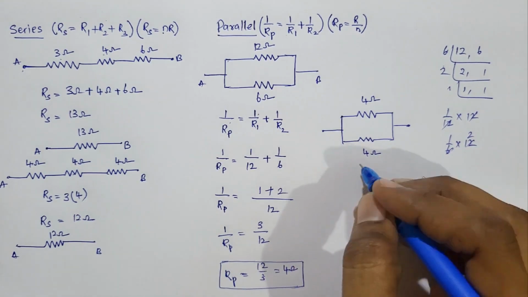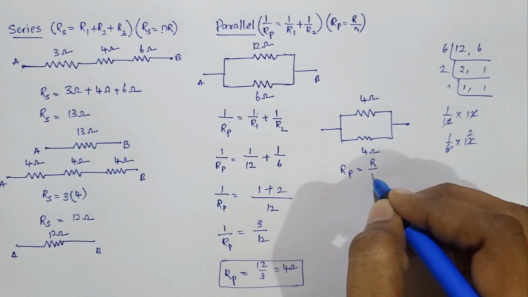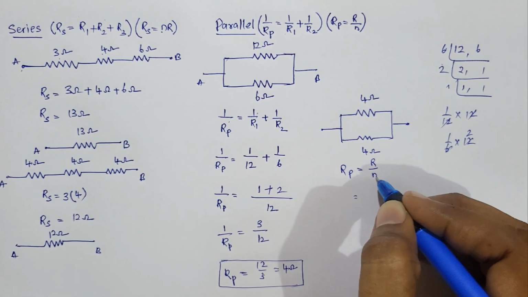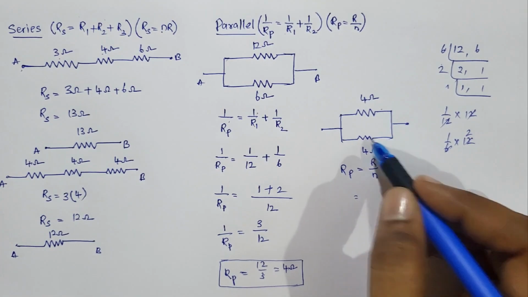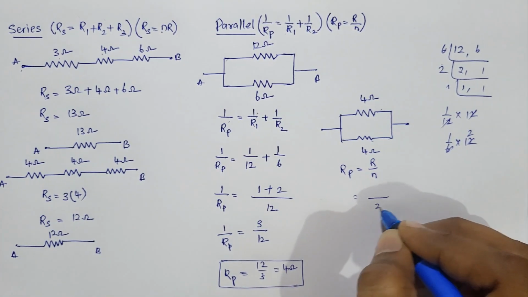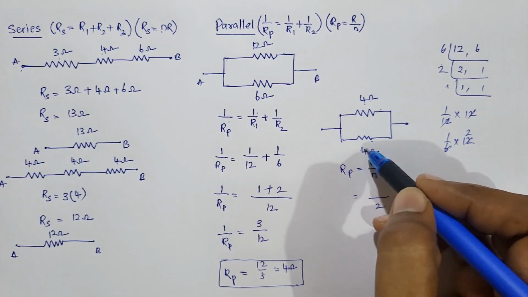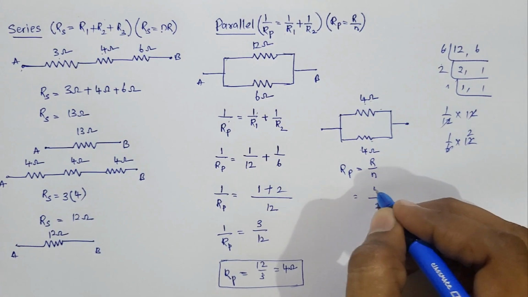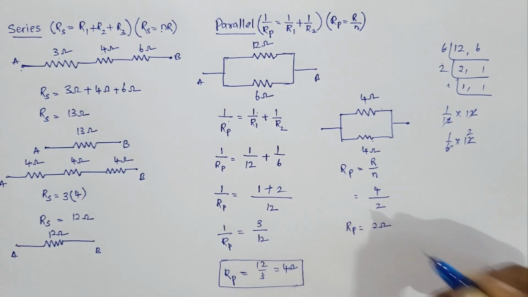The formula is Rp is equal to R divided by N. What is N here? The number of resistances. How many resistances are there? 2 are there. Correct? R is the value of the resistance. What is the value of each resistance? 4 ohm. 4 by 2. So Rp is equal to 4 by 2, which is 2 ohm.